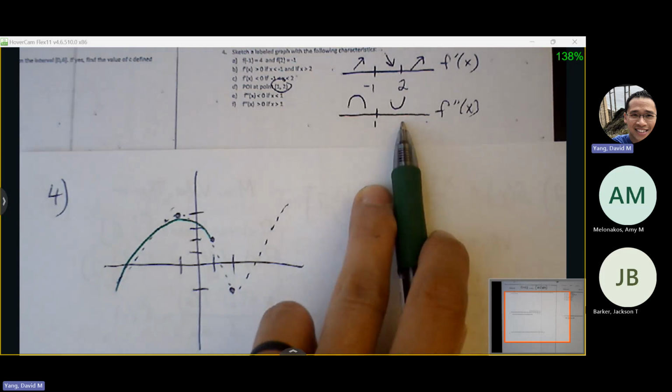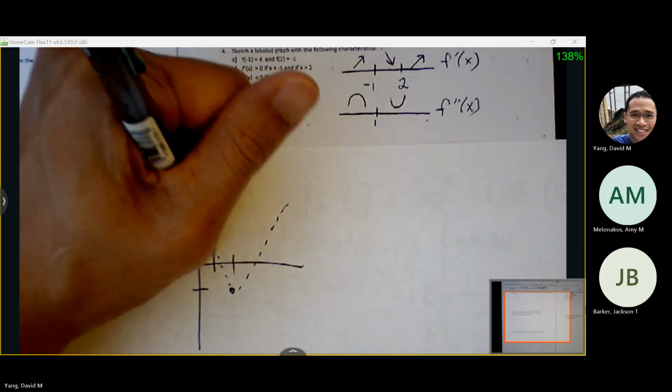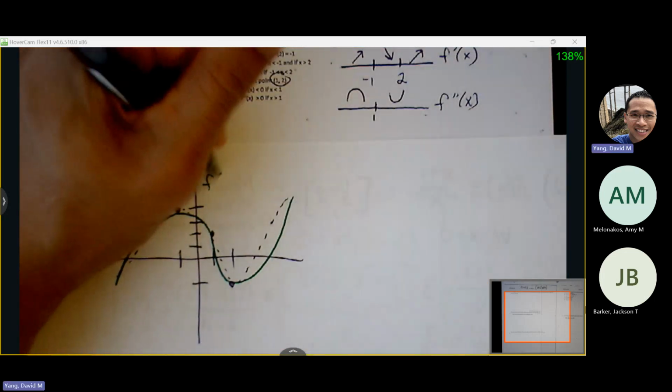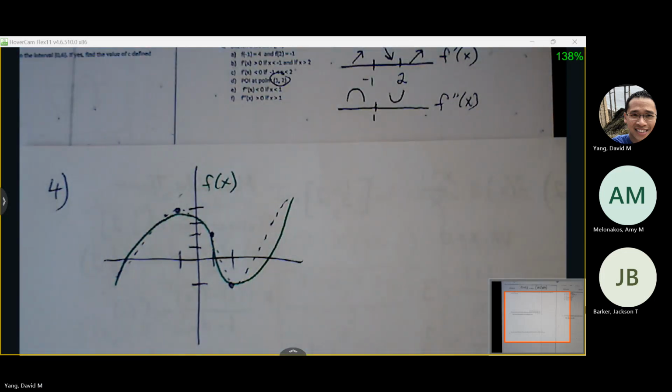And then past 1, it's going to turn to concave up. There's my graph. Any questions at 4?